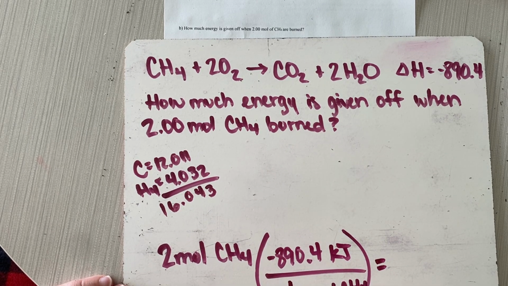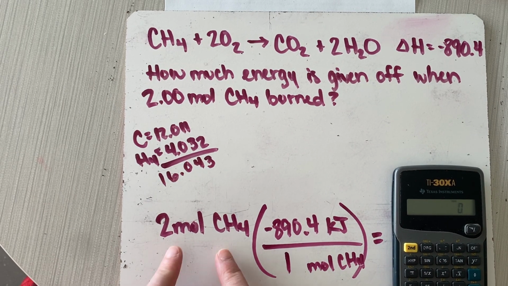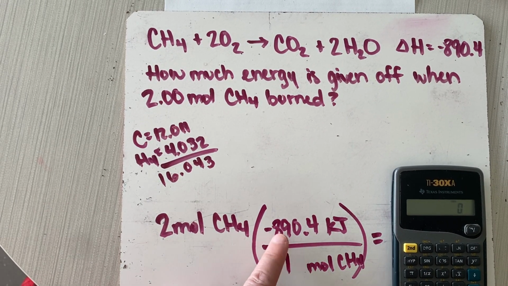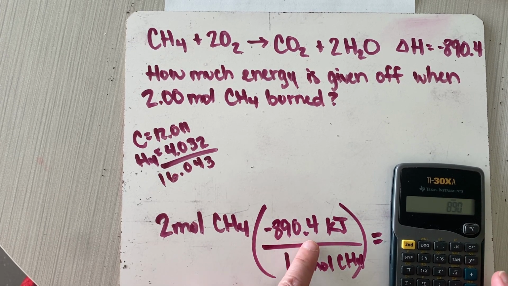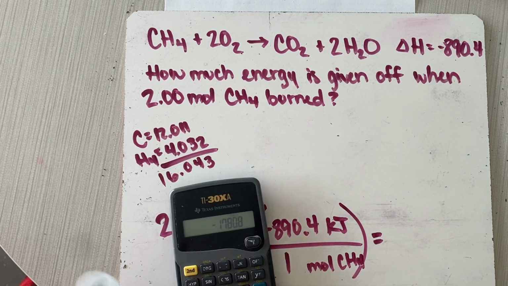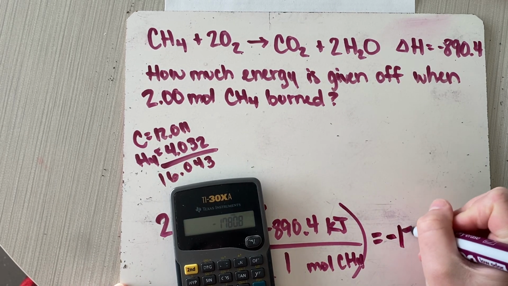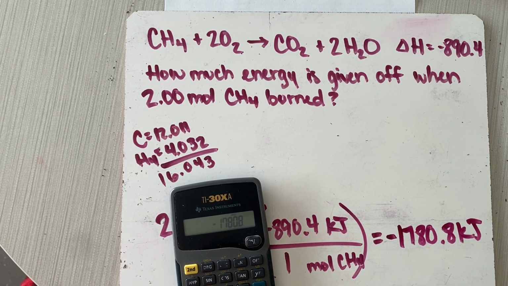And that's it. So now all I'm going to do is plug this into the calculator. So I need 2 moles times 890.4, and that's going to be a negative number. And I'm going to end up with a negative 1780.8 kilojoules. Done. Easy enough.